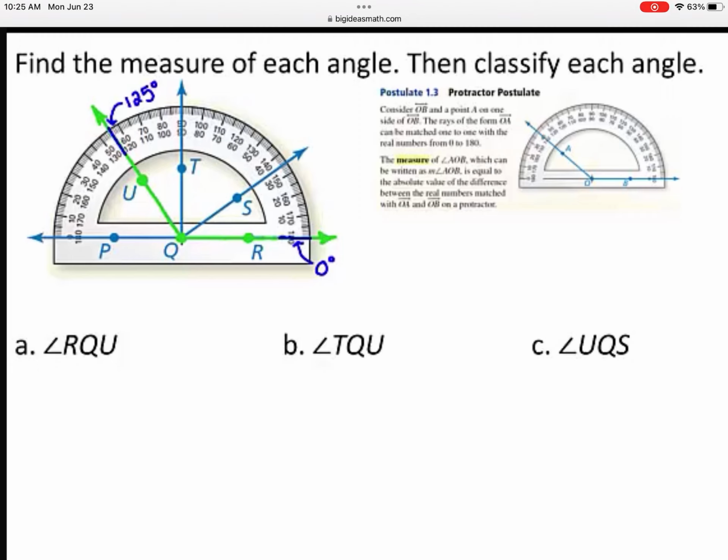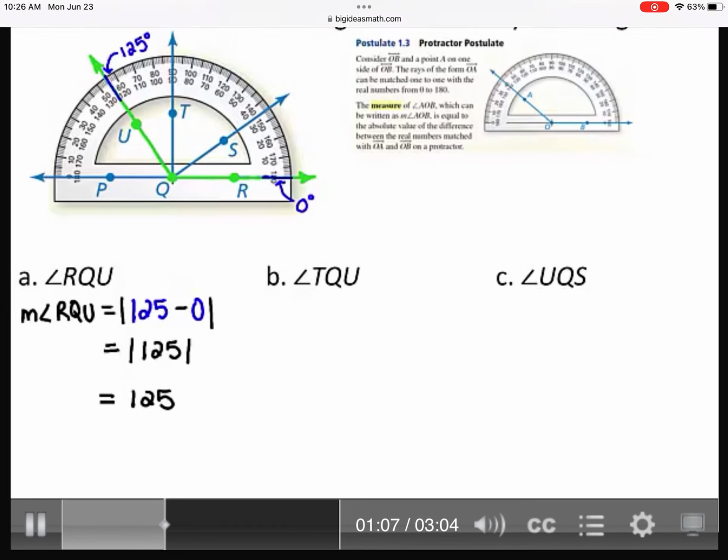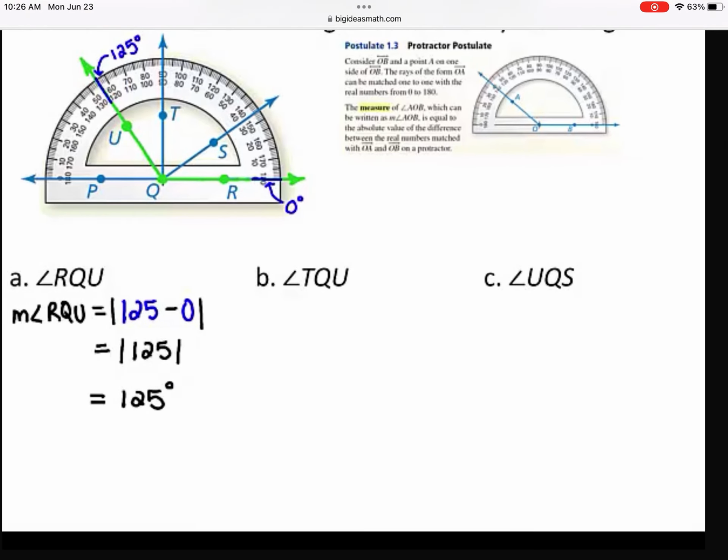So, by the protractor postulate, the measure of angle RQU is equal to the absolute value of 125 minus 0. When you simplify, 125 minus 0 gives you 125, and the absolute value of 125 is 125. So, the measure of angle RQU is 125 degrees.